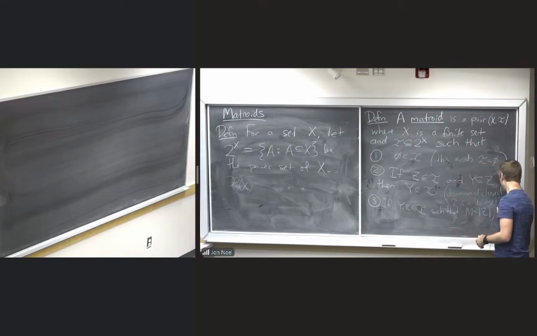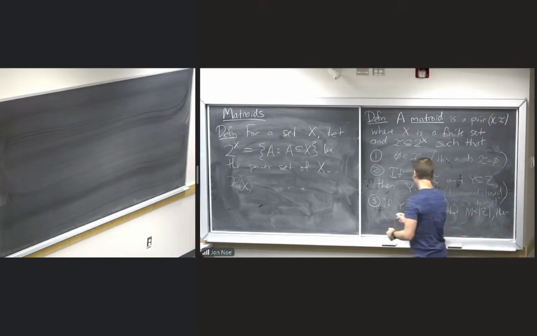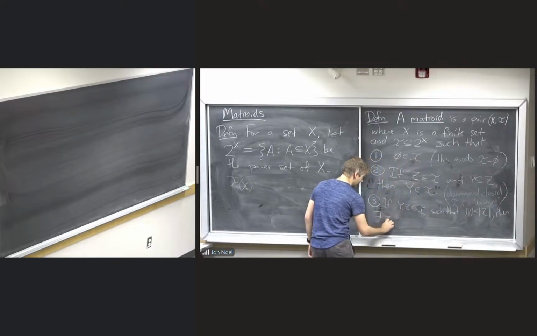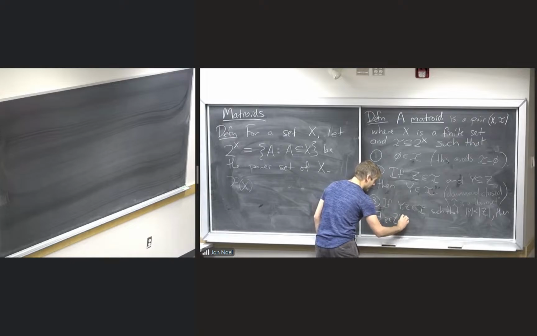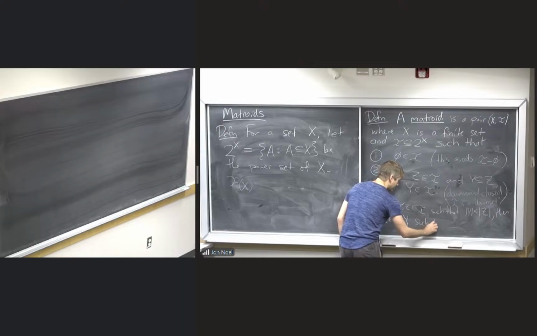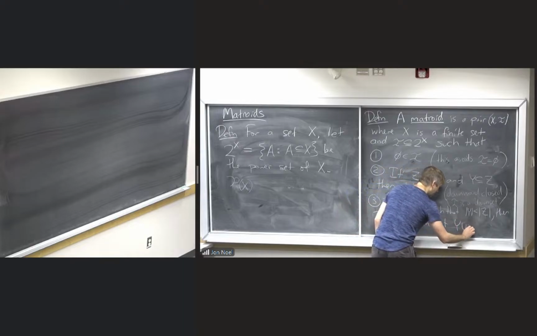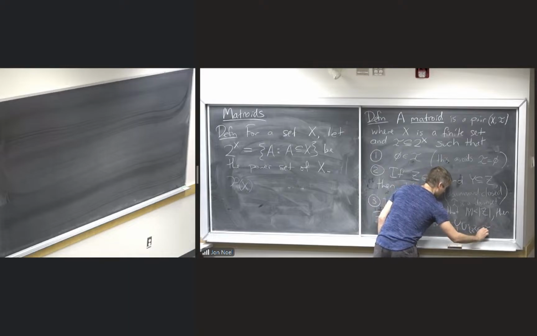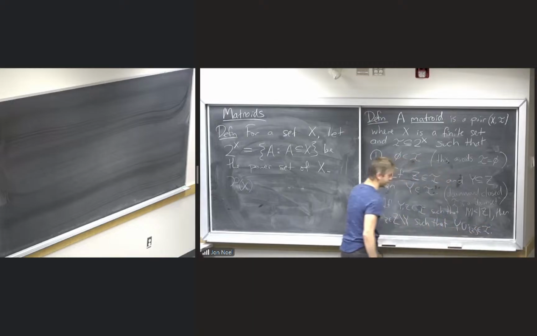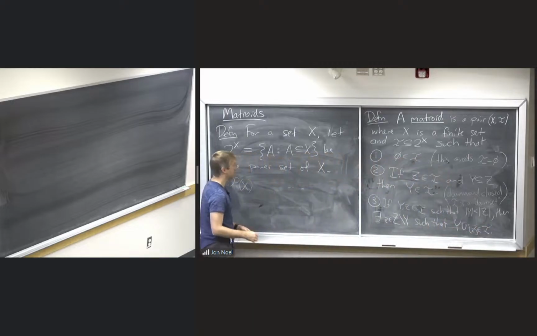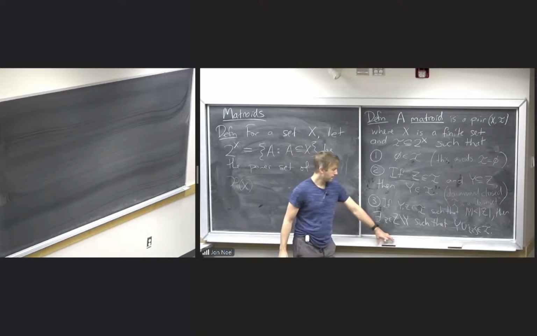So there exists an element, little z, in capital Z minus Y, such that Y union little z is an element of I.